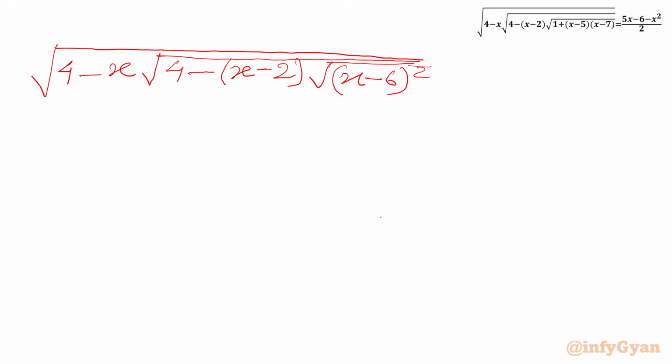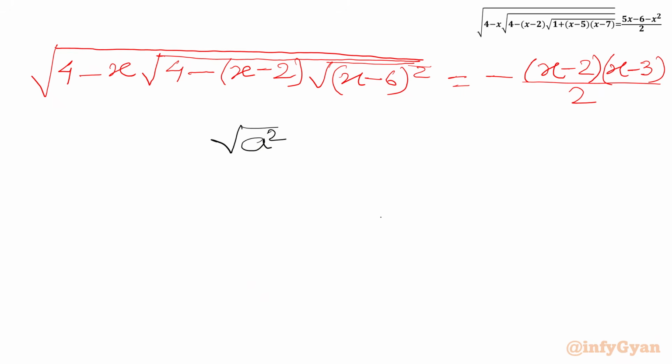And in RHS, we have minus of (x minus 2) times (x minus 3) over 2. Now we know that the square root of a square is equal to mod of a, the absolute value function of a.